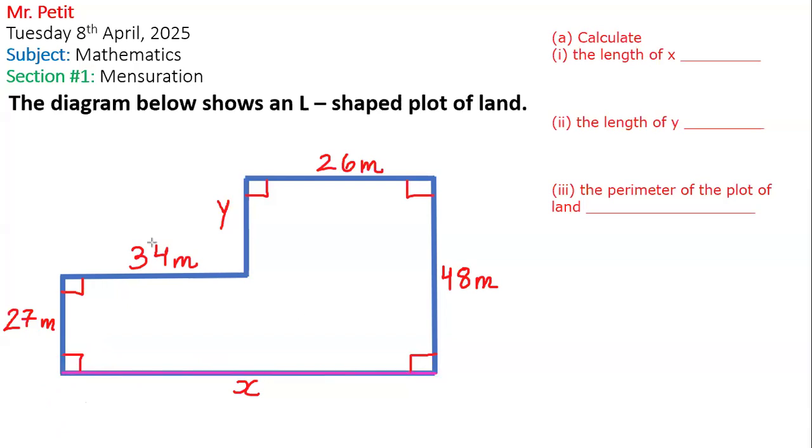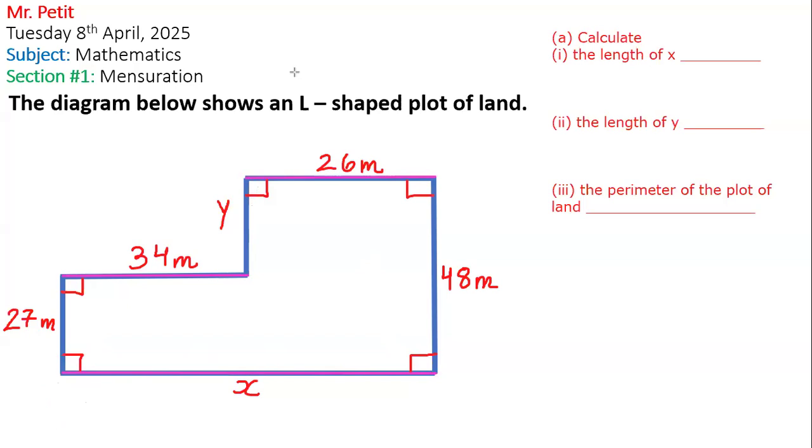So we know that from here to here is 34, and then from here to here is 26. It's still the same length. You see what I'm saying? That means in order for us to get the distance of x, what do you all think we're gonna do?